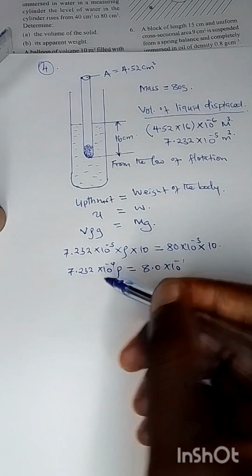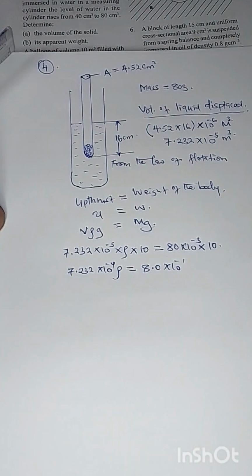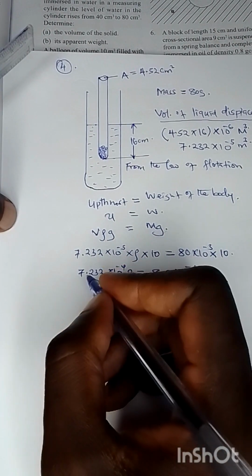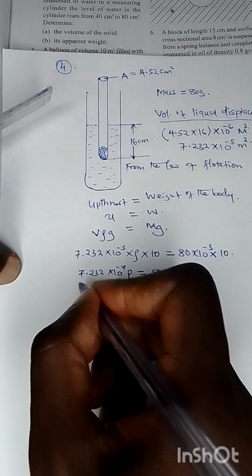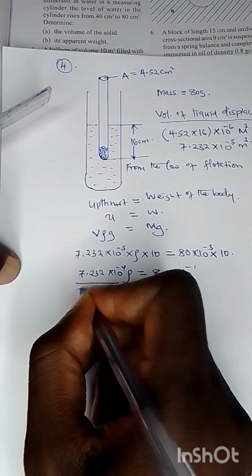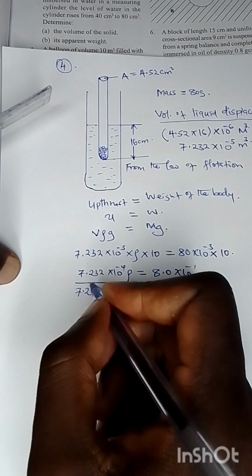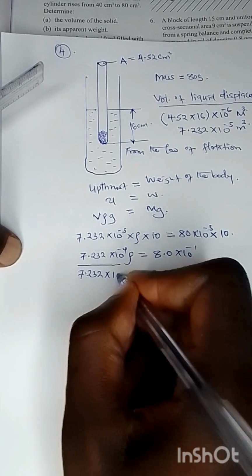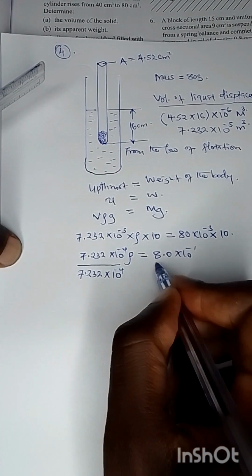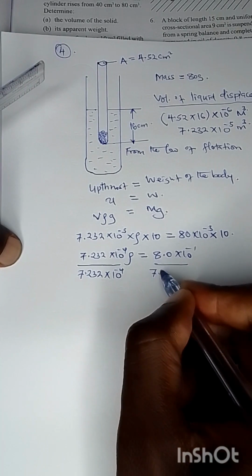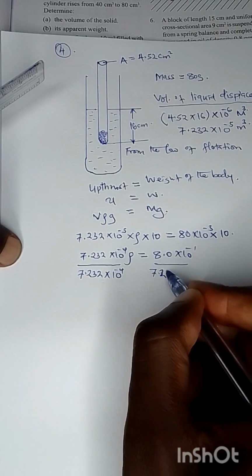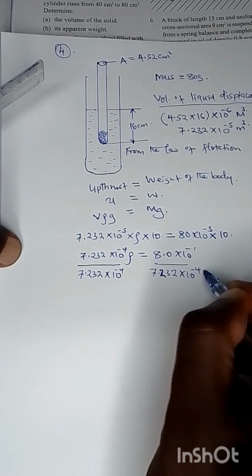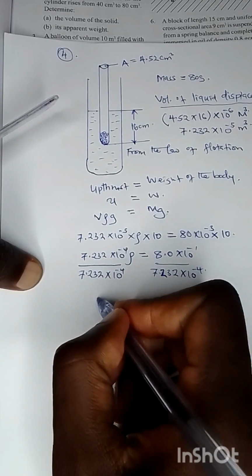So to get the value of rho, in this case, I'll have to divide both sides by 7.232 times 10 to the power negative 4, both sides the same. So this one will cancel out.